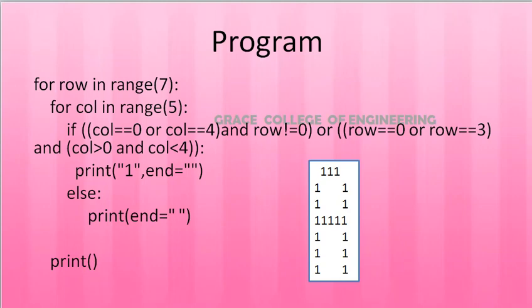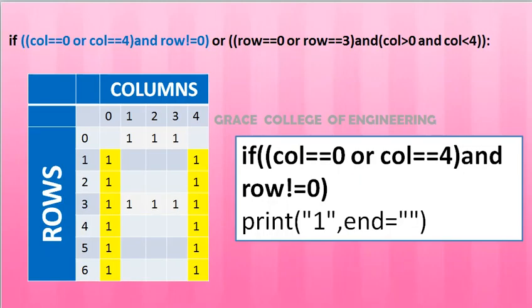Let's see this explanation once again. Separately I explain for you. First I am going to print these ones in column 0 and in column 4. For that I give the condition. For column, I have taken the variable col.